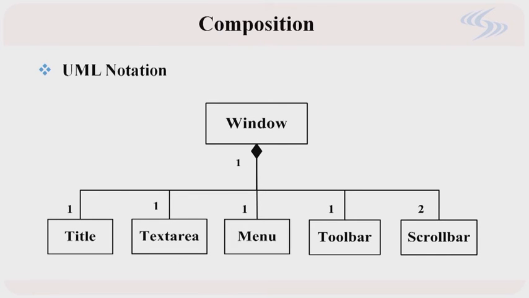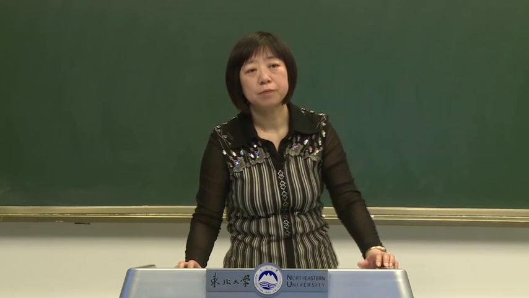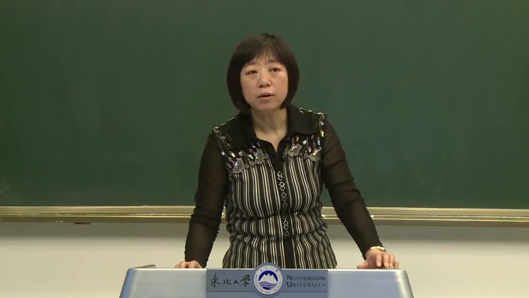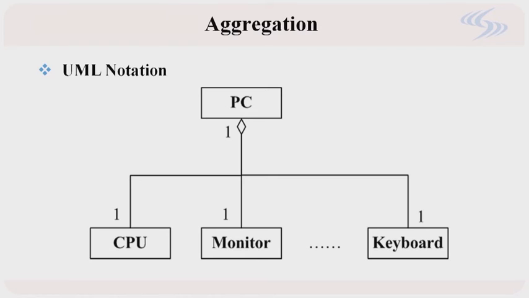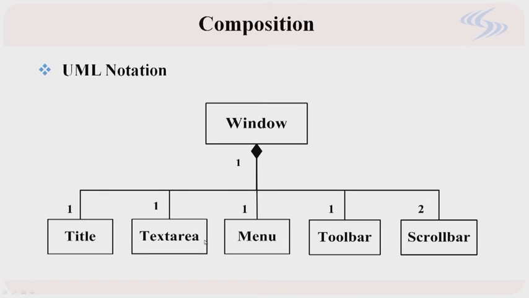We must admit that the kind of relationship for Windows and the PC is really different. This type, we call it aggregation. The part class can be independent. Well, in this example, the part classes are not independent, and we call it composition with this solid diamond.